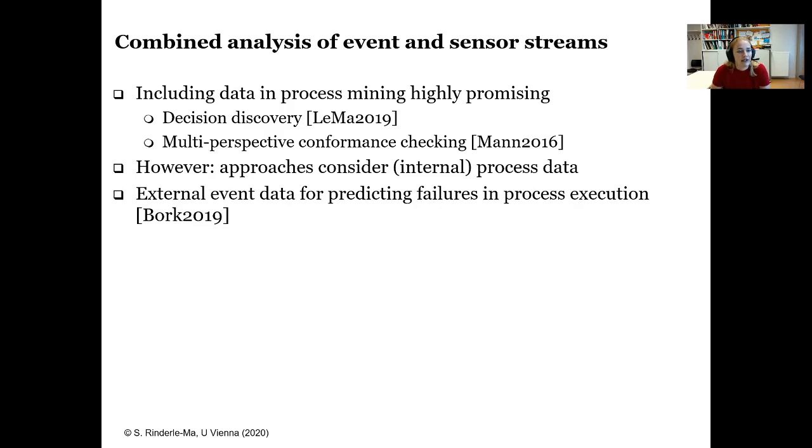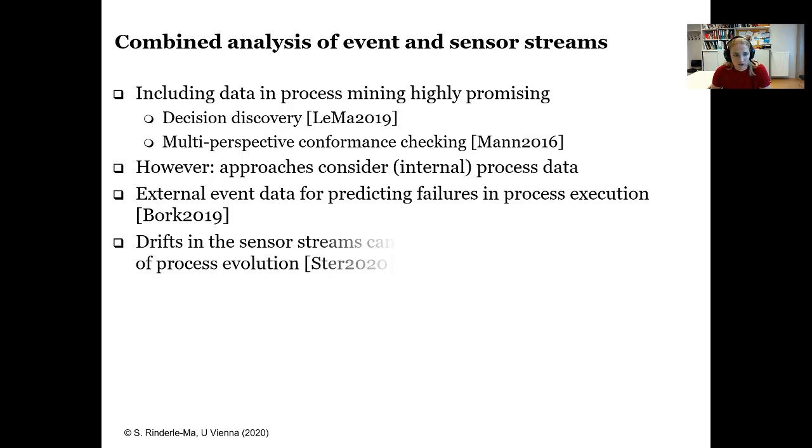For example, there's some recent work on using external event data for predicting failures in process execution. And also we take sensor streams into consideration, and then we can think about how we explain and predict concept drifts. Concept drifts are drifts in the process execution. So for example, let's say for a certain time, the instances run as described in the process model, but suddenly we encounter something different.